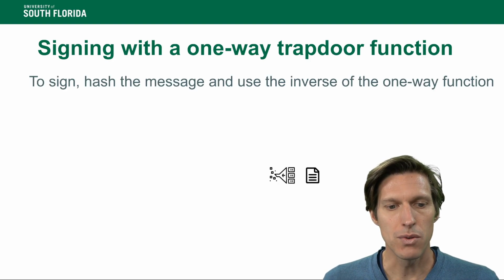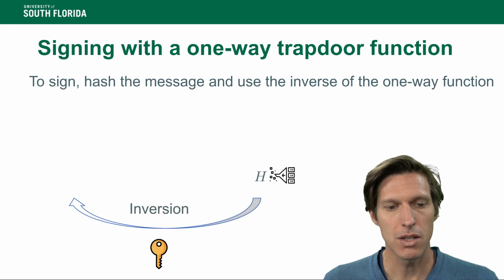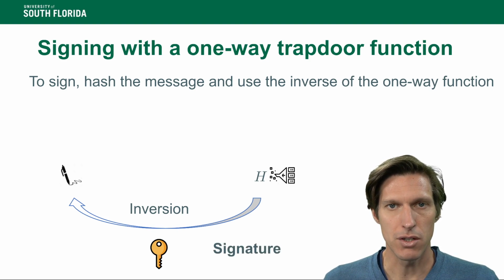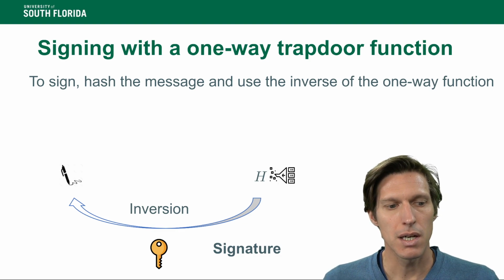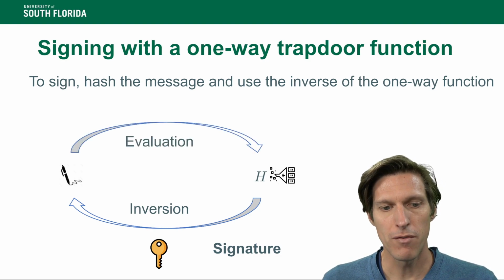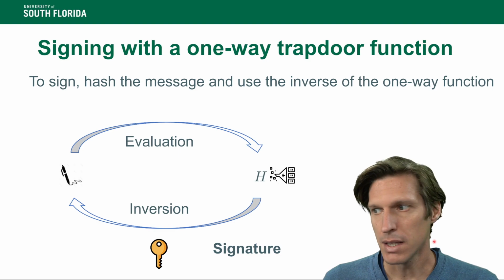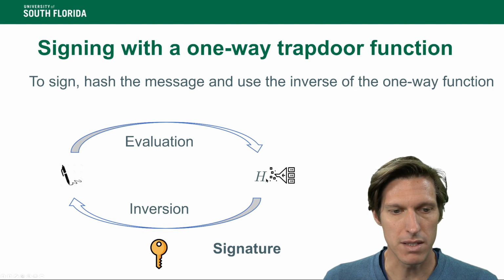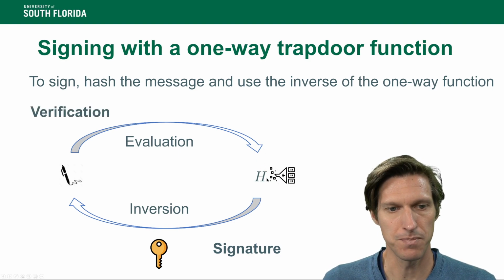What you can do is take a message, hash it, and then do the inversion of the one-way function on the hash. And that is your signature. And now anyone looking at the signature and having the public parameters can evaluate the one-way function, and then check whether or not what they get is equal to the hash of the message. And that is the verification step.